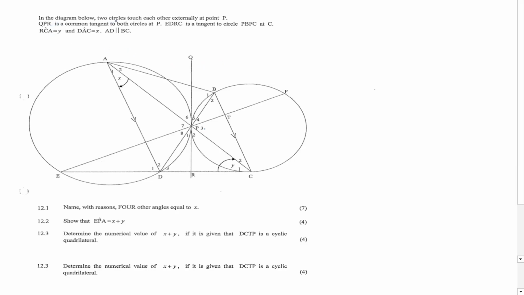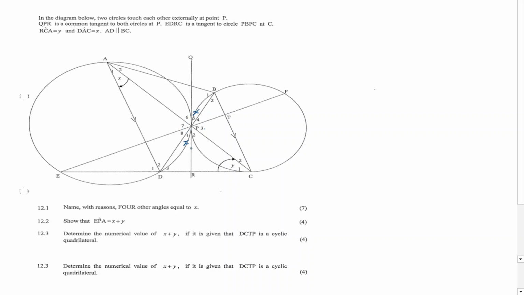In the diagram below, there are two circles that touch externally at P. QPR is a tangent to both circles, and so immediately I'm just going to pause and say if this is a tangent, then if here's the angle, then I go opposite and outside, and that would also be an X. And while I'm on a roll, I would then say that P5 is equal to X, vertically opposite.